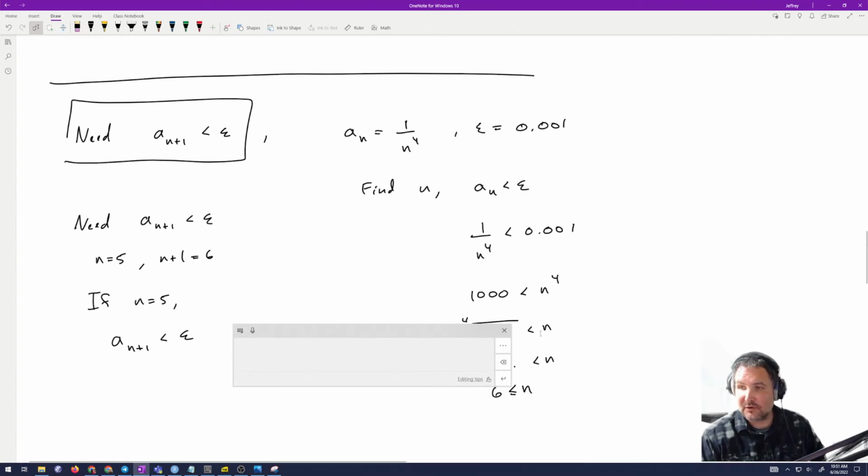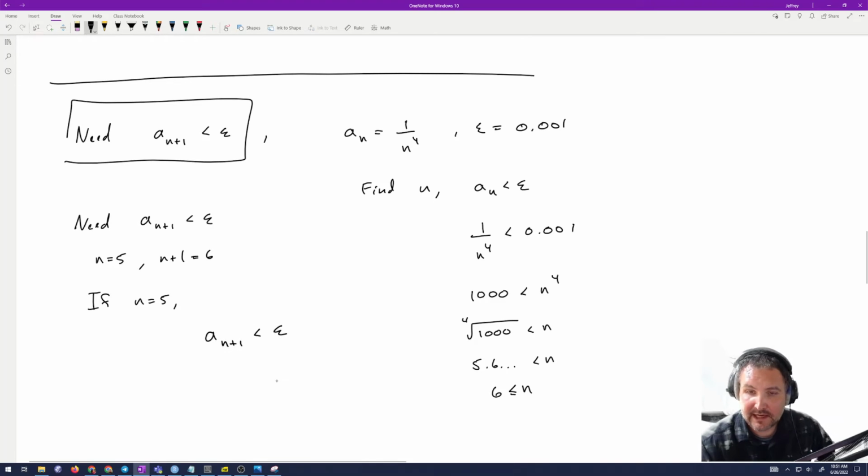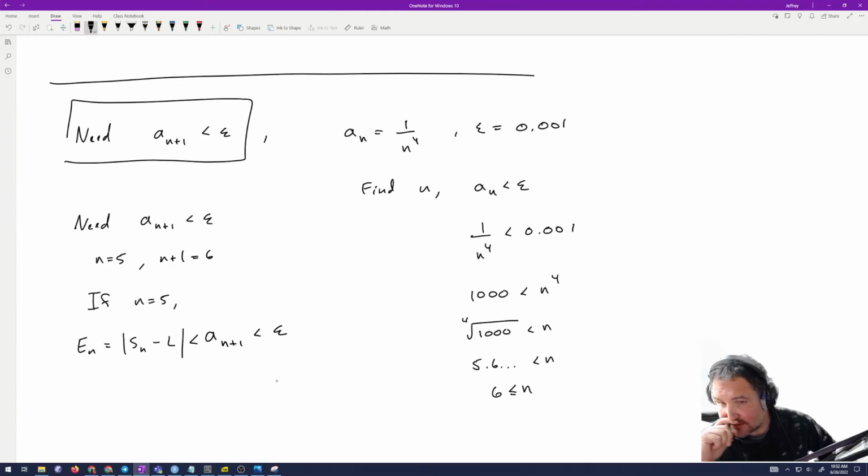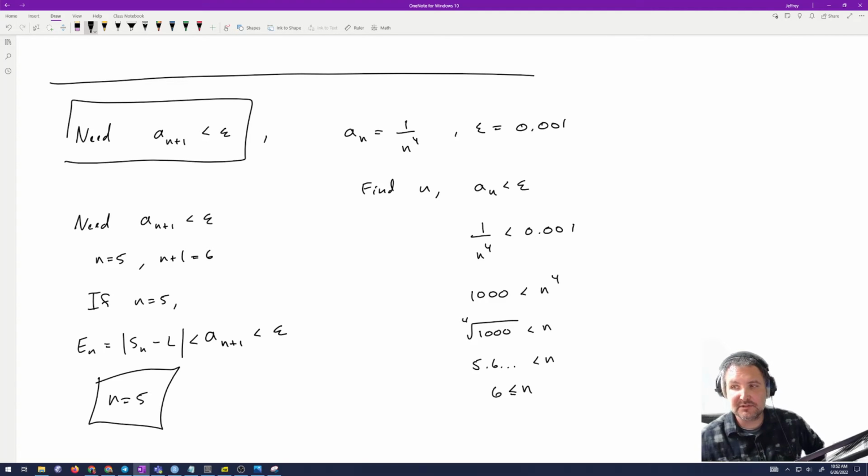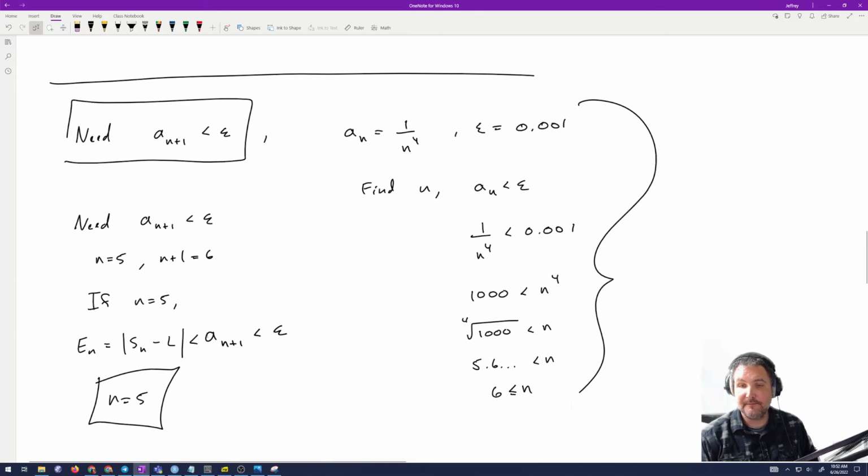And according to the theorem, that is the error, which is the distance from the nth partial sum to the limit, is going to be less than that. So we've found our n. We've guaranteed that when n is greater than or equal to 5, a_(n+1) is going to be less than epsilon. So therefore, n equals 5 is how far we need to go out in the sum to be less than epsilon. So this is the bulk of the work that we need to show for that.